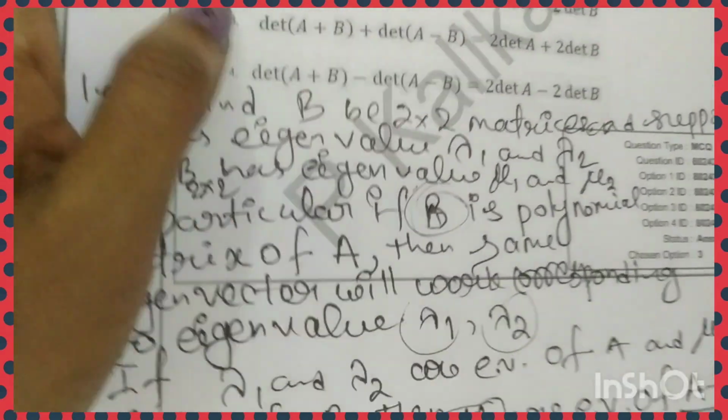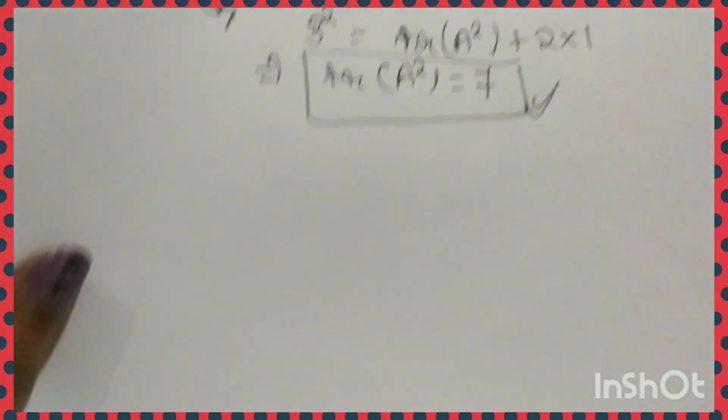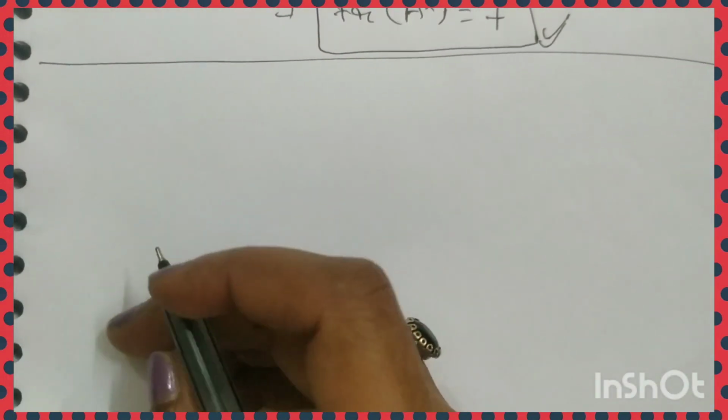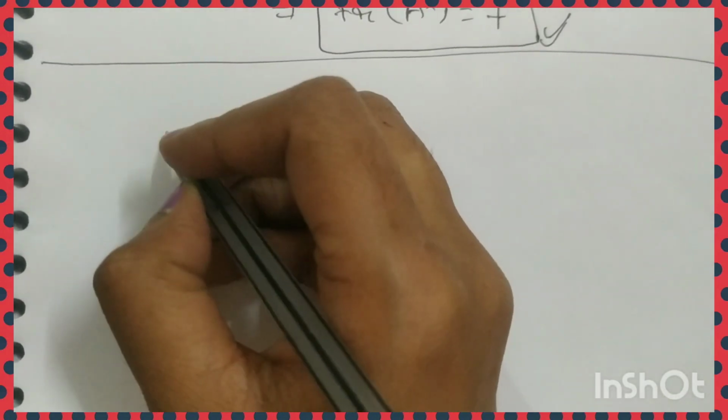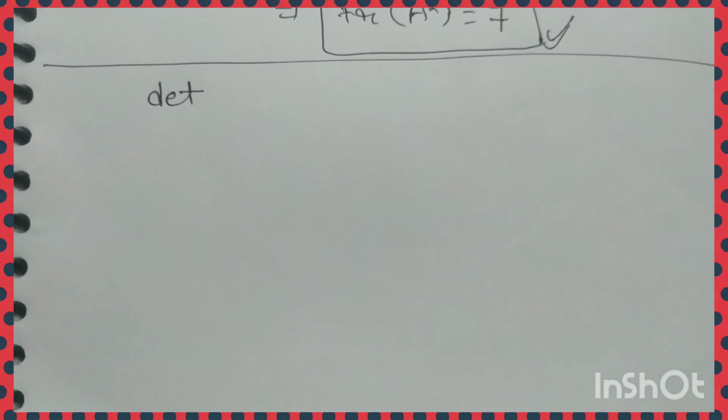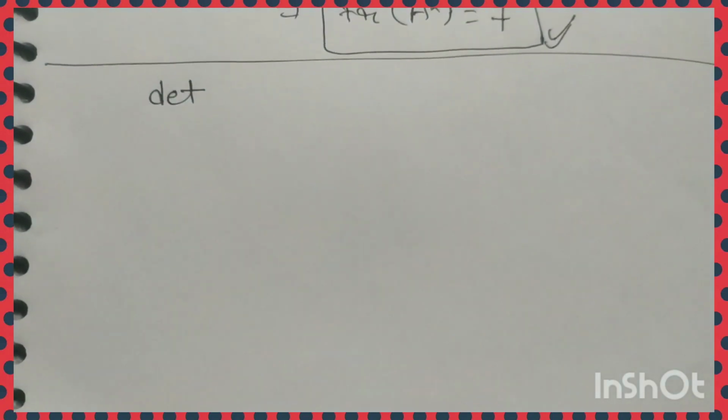So what will we get here? Determinant, as we know, is nothing but the product of eigenvalues, so we will use this and try to solve it.